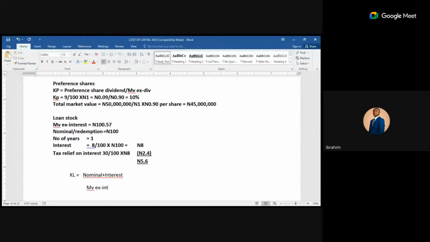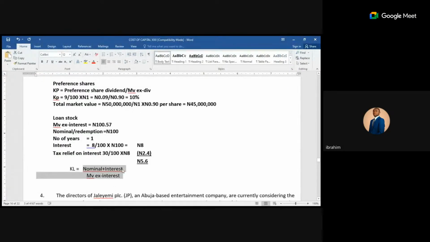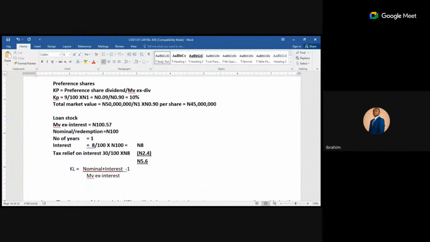Yes, it will work out like this: nominal plus interest, divided by the market value as interest, minus 1.